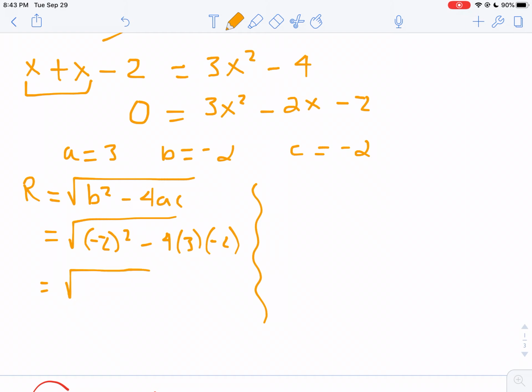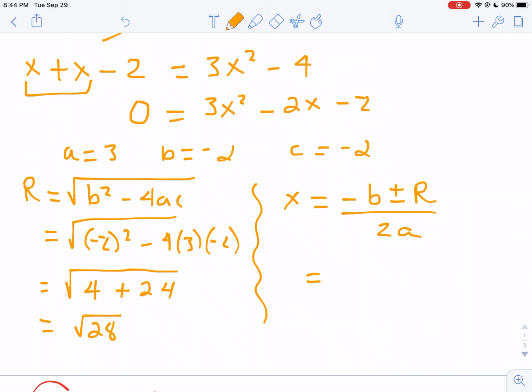So I'm looking at negative 2 squared minus 4 times 3 times negative 2. That's 4 plus 24, so I'm looking at the square root of 28, and I can't do anything to it, so I'm going to leave it like that. Then I'm going to find the two answers. x is equal to minus b plus or minus my radical term, which I already found, over 2a.